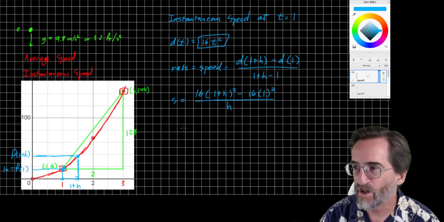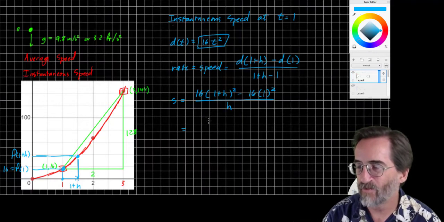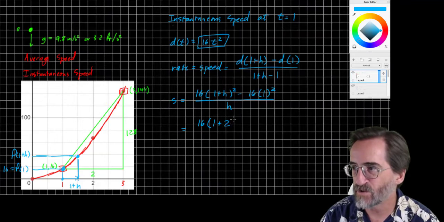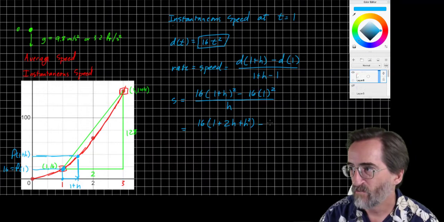So a little algebra now. I hate it when my professor would say, and the rest is algebra, and he would leave it for us to do. So 1 squared is 1, plus 1 times h times 2 is 2h, plus h squared, minus 16 times 1 squared is 16, all over h.